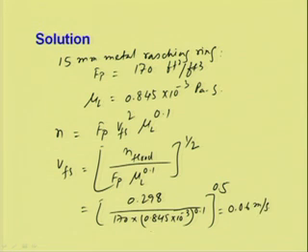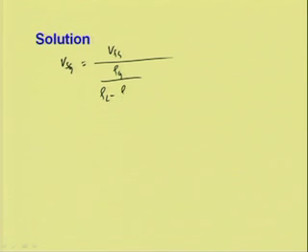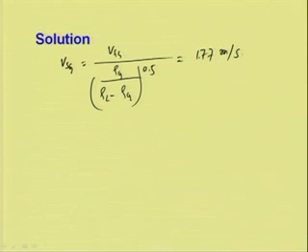So, now we can calculate VSG, which is equal to VFS divided by (rho g by rho L minus rho g) to the power 0.5, and substituting these values, this is 1.77 meter per second.